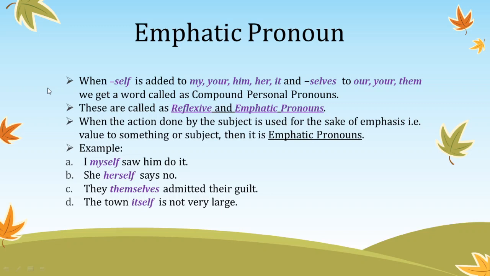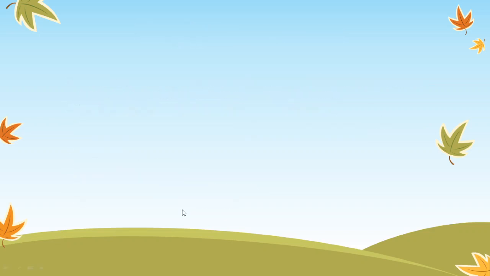So herself is an emphatic pronoun. They themselves, again after the pronoun they, I am adding a value to the pronoun they as themselves. So this themselves is nothing but an emphatic pronoun. The town itself is not very large. So here itself is an emphatic pronoun.